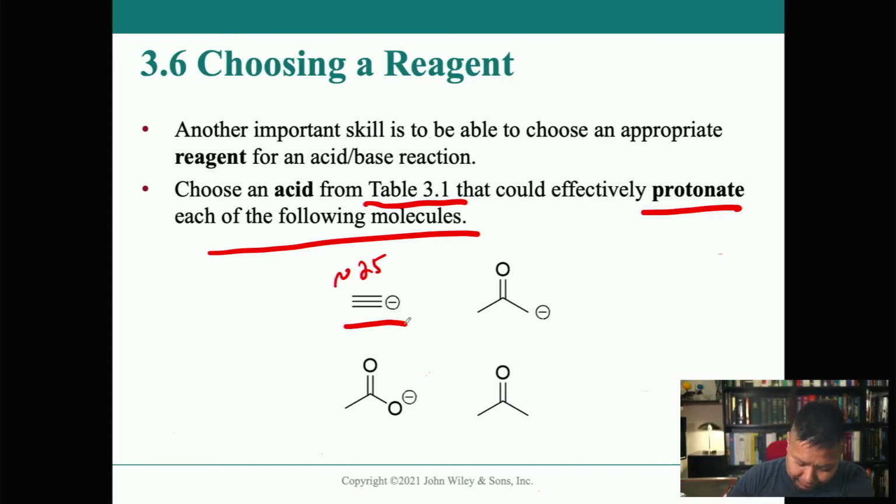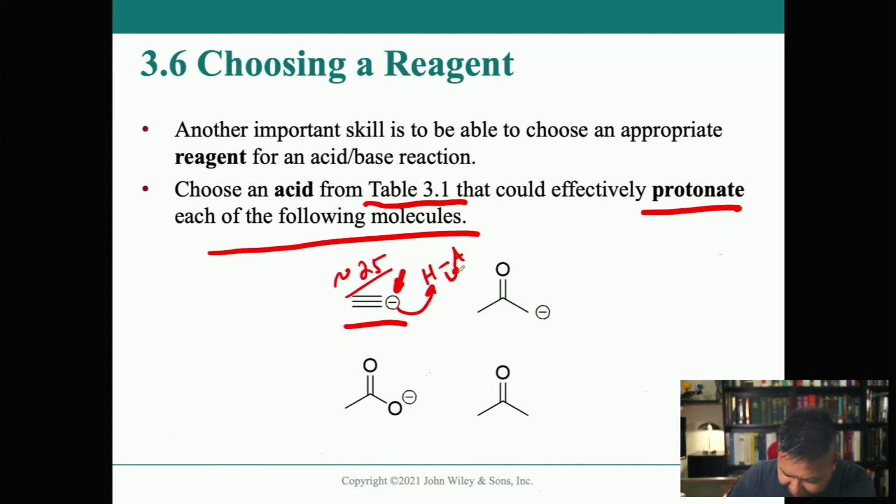The carbanion here would much rather be protonated than not. So basically, any acid on that chart that has a pKa lower than 25 would be able to protonate that acetylene. It would easily eat up that proton, leaving behind a conjugate base.